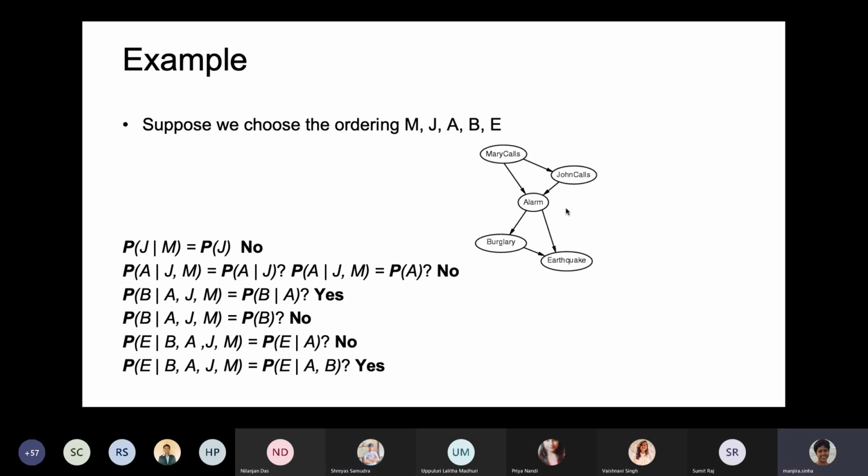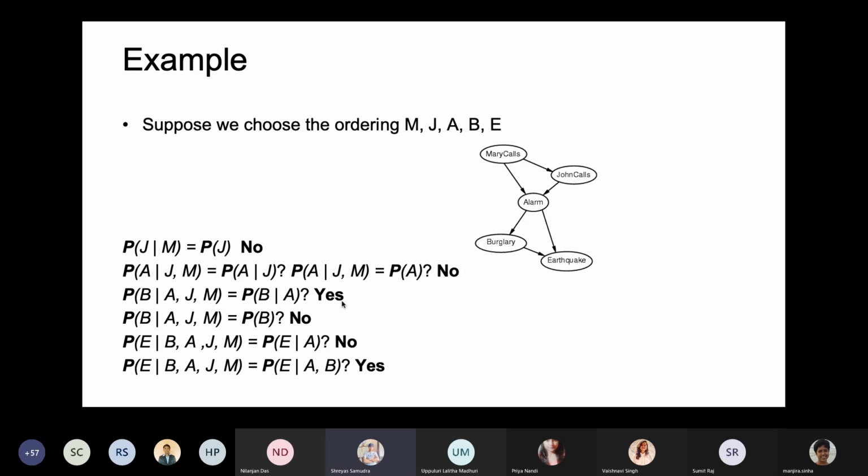Like I am just expanding the third statement. So for the left hand side to be equal to probability of B given A, the probability of B intersection A should be independent of J intersection M, right?